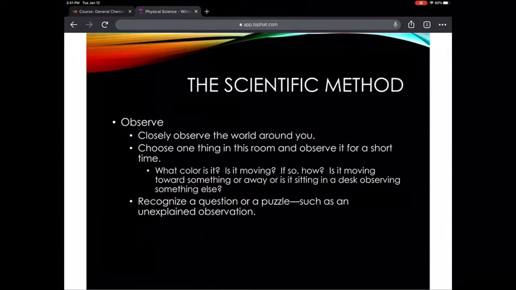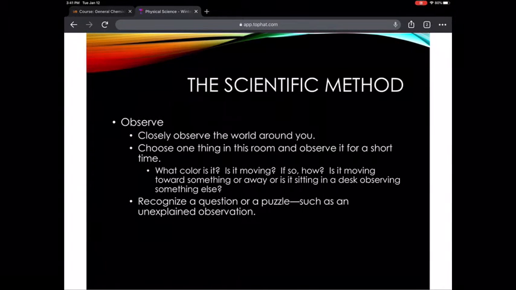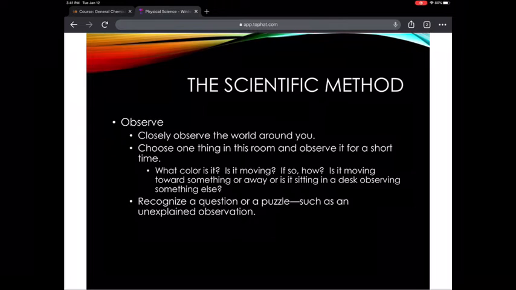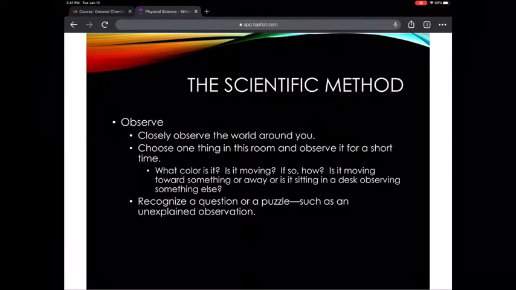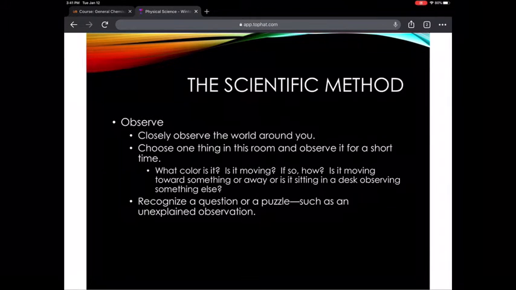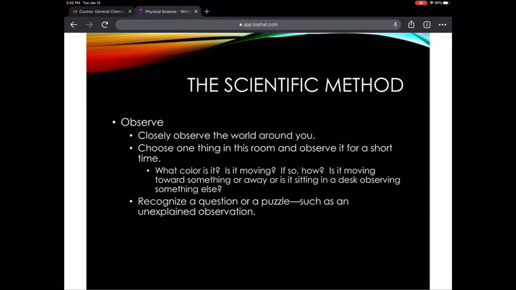Okay, the Chapter 1 textbook reading gives you a good introduction to this material. There are some podcasts in there, some other interesting things that give you an idea of what the scientific method is. So the scientific method is the general way that science is done.